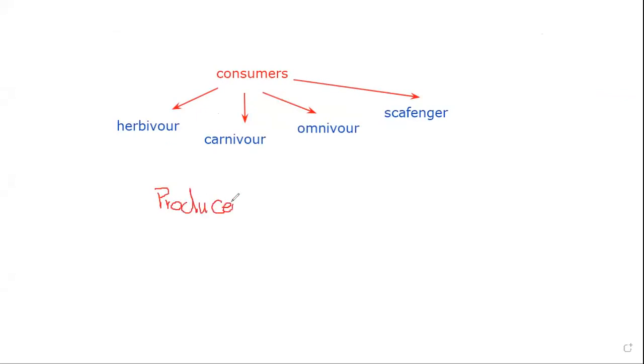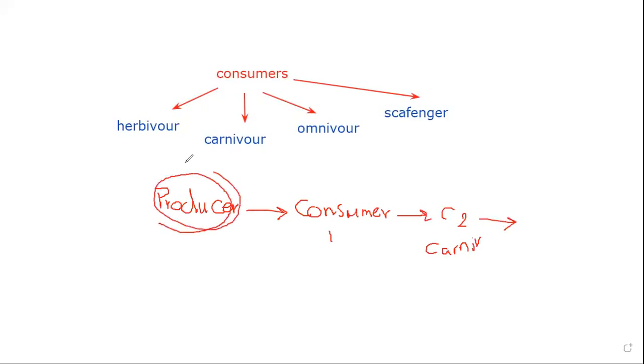Then this producer will pass the energy to the first consumer, so we call it the primary consumer, or consumer number one, which is usually a herbivore. Then consumer one will pass it to consumer two, which is usually a carnivore, and so on.